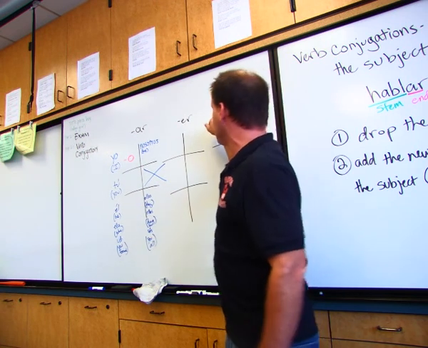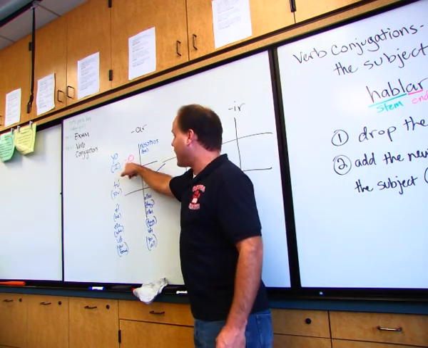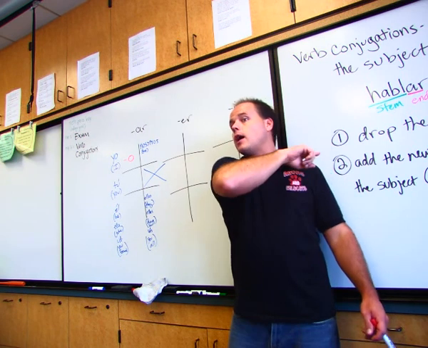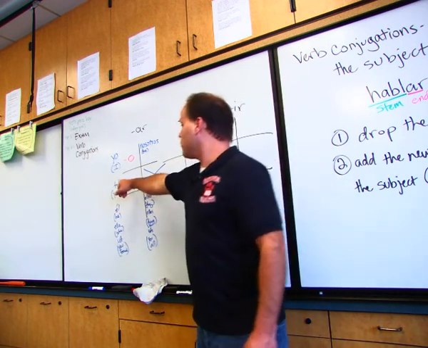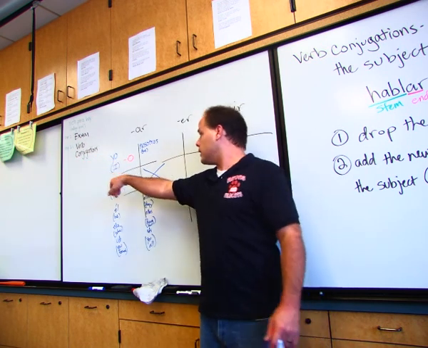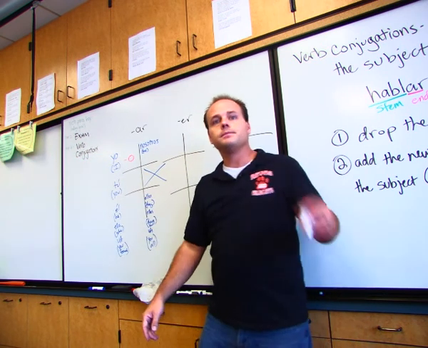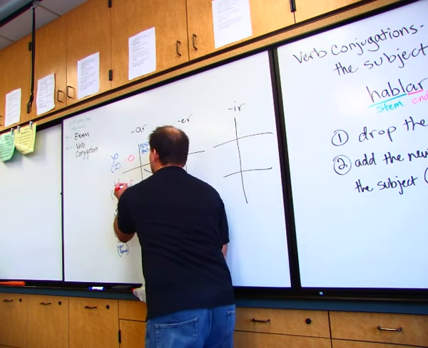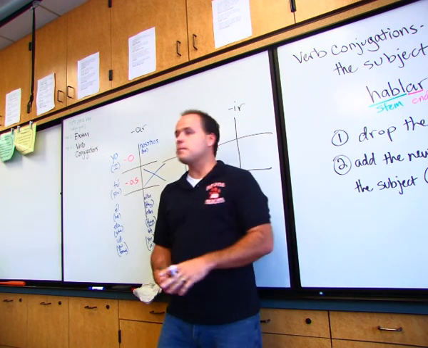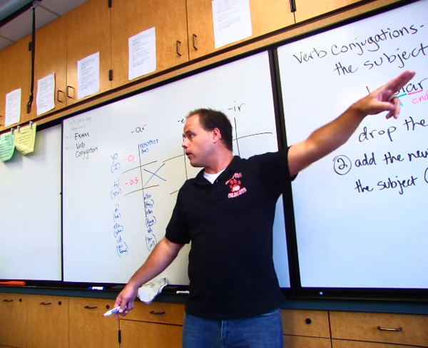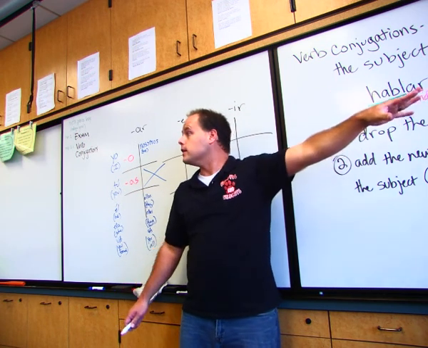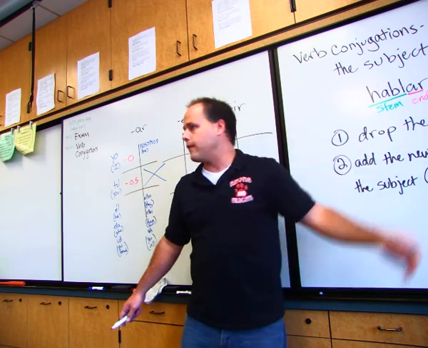It's the end of the word. So we add O to the end of the word. So hablar becomes hablo, which means I speak, or I'm talking. If we want to say you are speaking, we drop the AR and what do we add? AS. A common mistake students make is they forget to drop the AR. I see a lot, especially written, hablaro, hablaras, and that's not right. You have to drop the AR before you add the new ending.